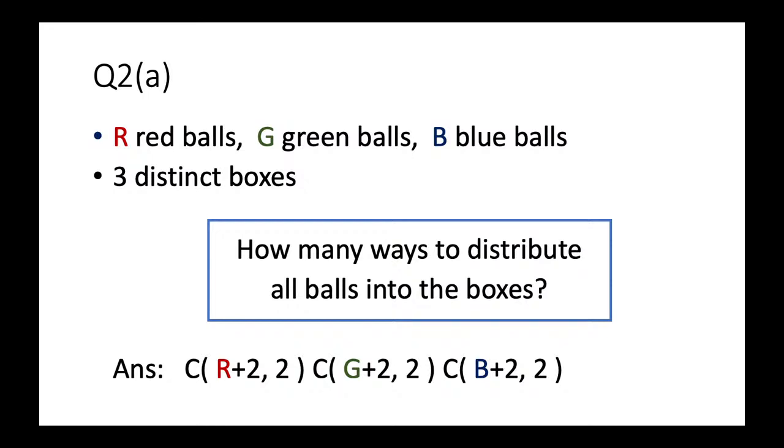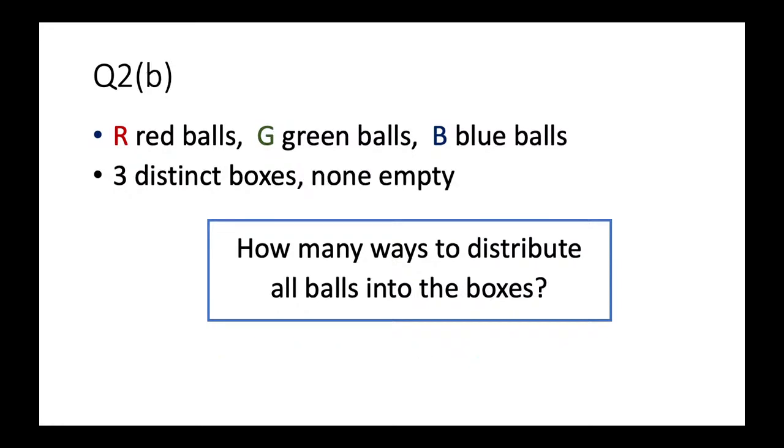So this is the value: C(R+2, 2), or C(R+2, R). They are the same, right? This is the case for distribution of red, and then we multiply it with the cases for distribution of green balls, and then multiply this with the distribution of blue balls. Okay, so this is the first part.